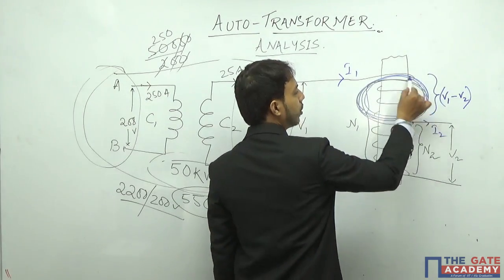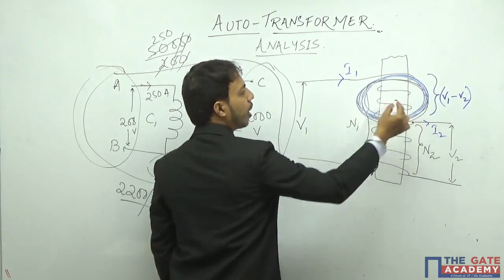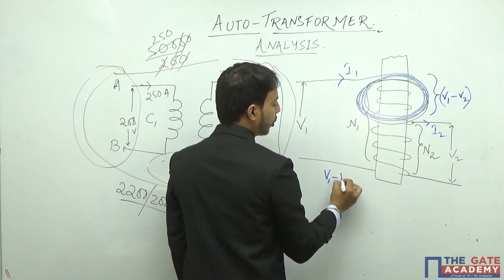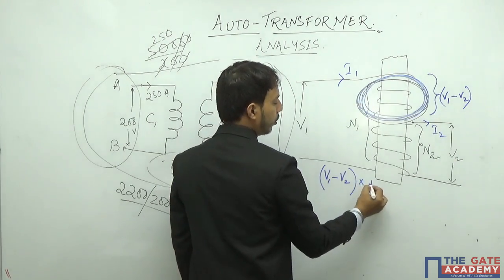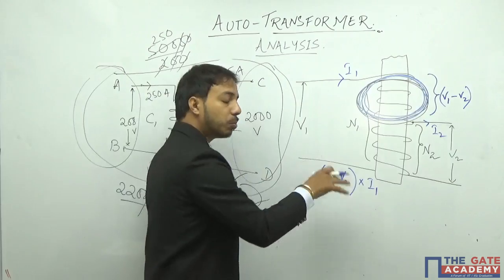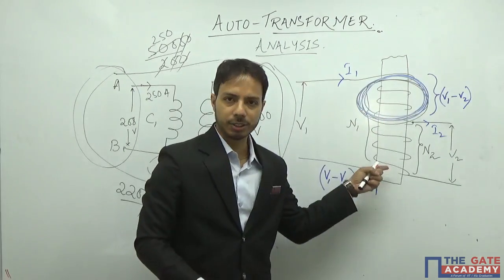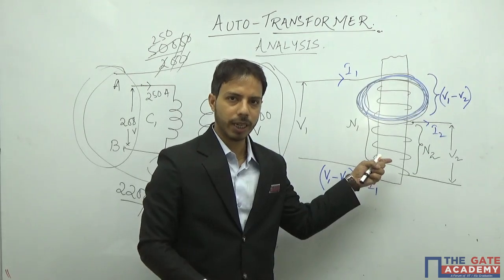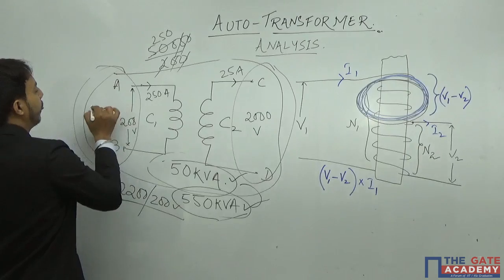Let us see what will happen. This much volt ampere, what is the volt ampere here? V1 minus V2 multiplied by I1. This much volt ampere is getting transformed. Whereas how much volt ampere is getting transformed here?